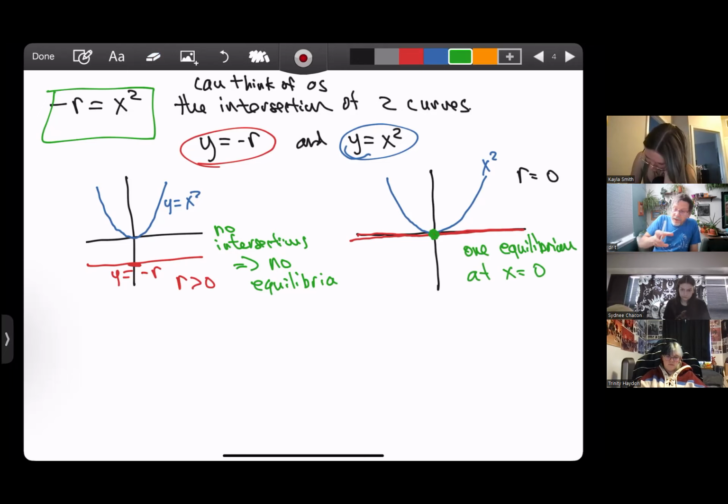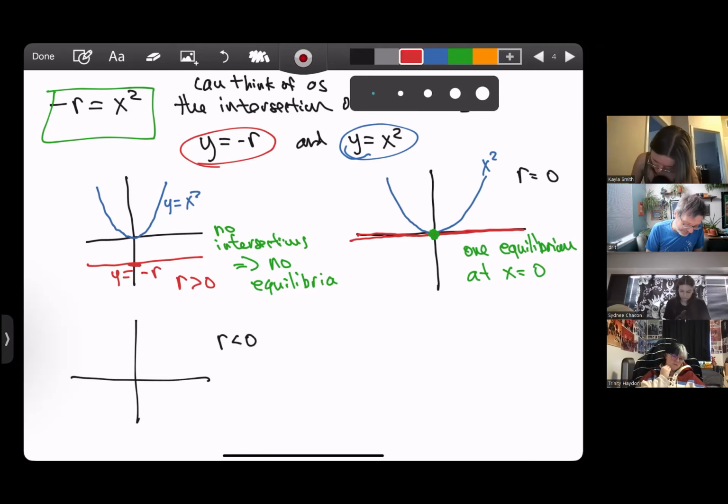Then I'm going to keep turning R down, so R becomes negative, which means negative R becomes positive. The minute R is negative, our line has moved up.